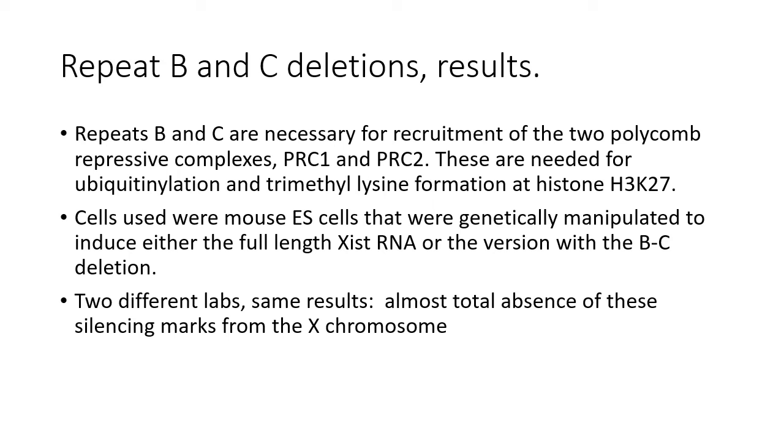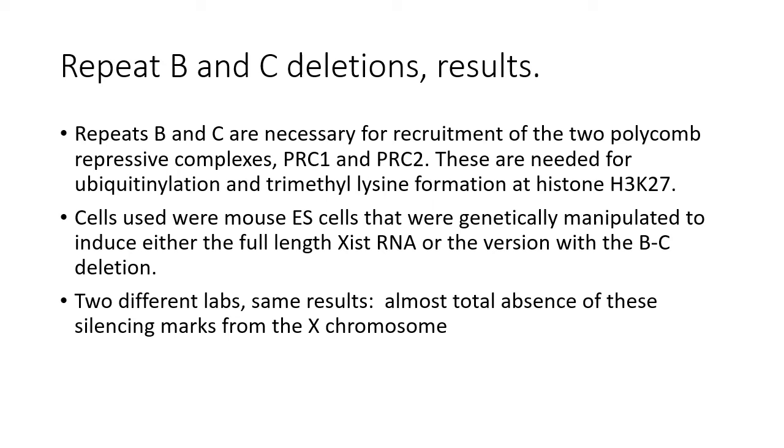One thing to be careful of in this kind of experiment is that these were not done with whole organisms. These were done with mouse ES cells that have been genetically manipulated to induce either the full-length Xist or the mutant version according to the experimental needs. So this is not exactly a natural situation, but it's a very well manipulated one, so that we can interpret what we see in terms of the modifications that are produced.